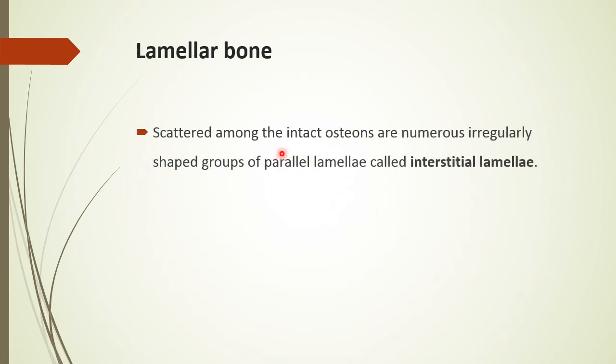Scattered among the intact osteons are numerous irregularly shaped groups of parallel lamellae called interstitial lamellae. Between the osteons, between the Haversian systems, there are scattered lamellae called interstitial lamellae.